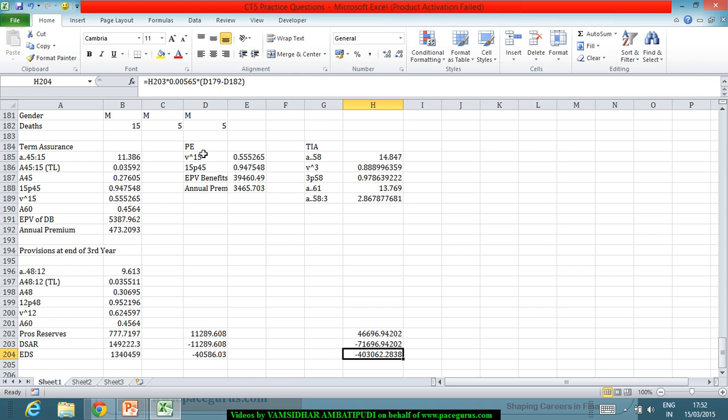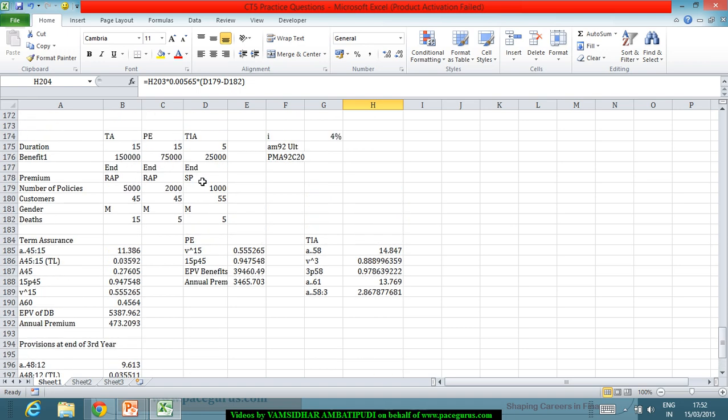This Q has to be looked at from a different table. I can't look at it from AM92. I'll look at the PMA92C20 table. This is where I have to be slightly careful. I will look at the PMA92 table, not this.